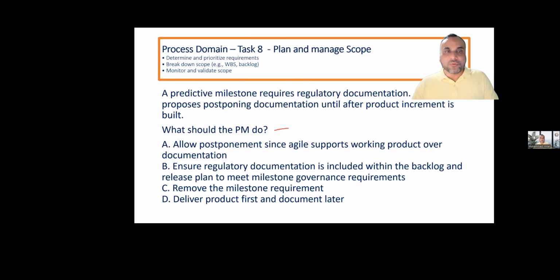Ensure regulatory documentation is included within the backlog and release plan to meet milestone governance and requirements. Remove the milestone requirement, deliver product first and document later. When it comes to regulatory, you have to be very proactive. So yes, the correct answer is B. For compliance and regulations, no compromises.